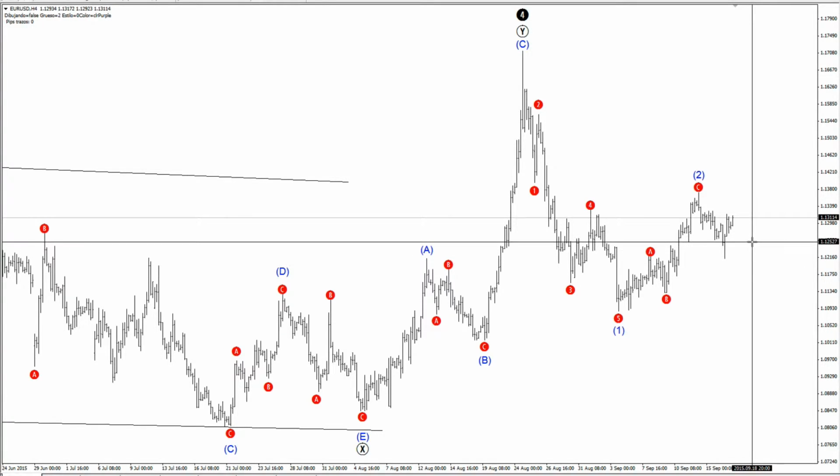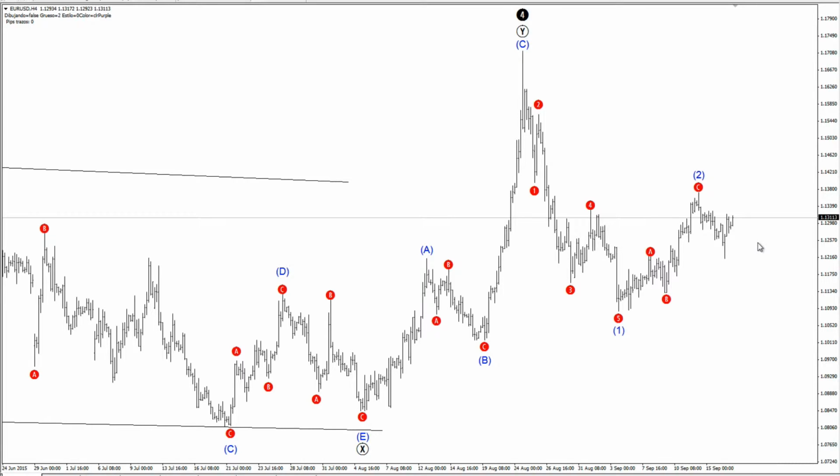There's also one support level at 112.53, so those levels. But of course the volatility from the FOMC meeting will likely push through those supports if this outcome is positive for the dollar.